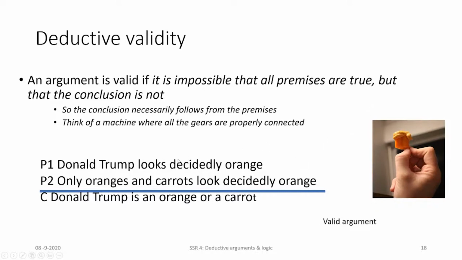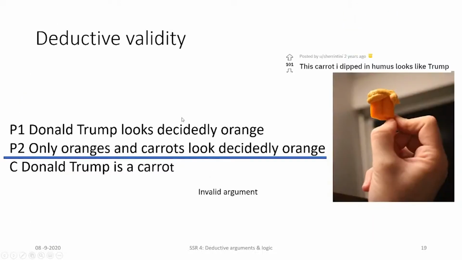So in this example, Donald Trump looks decidedly orange. Only oranges and carrots look decidedly orange. Donald Trump is an orange or a carrot would be valid even if we know that to be untrue. If I would tell you Donald Trump looks decidedly orange, only oranges and carrots look decidedly orange, Donald Trump is a carrot, that wouldn't be a valid argument, right?